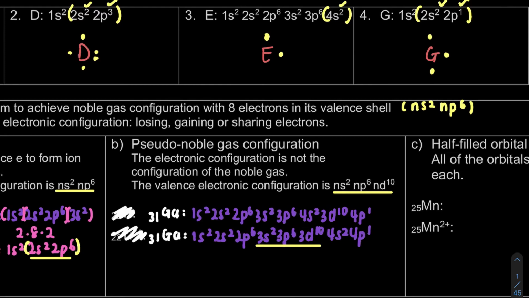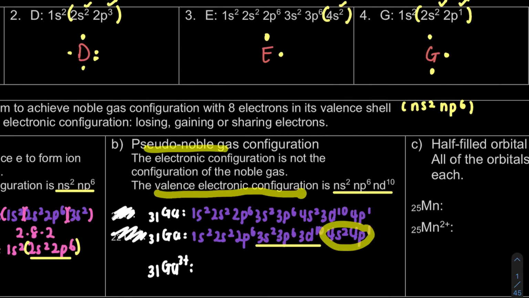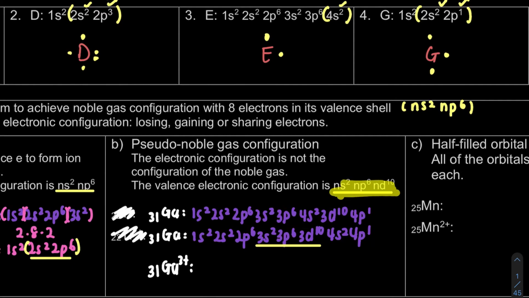So we're gonna write down gallium ni, 31 gallium 3 plus. Okay, so maknanya we're going to donate all of this, sebab for the pseudo noble gas, the highest n tu, the valence electronic configuration, kita mau yang ini. Kalau kita buang satu saja di sini, nanti ada 4s tu tidak mau. You want this one, pseudo noble gas.